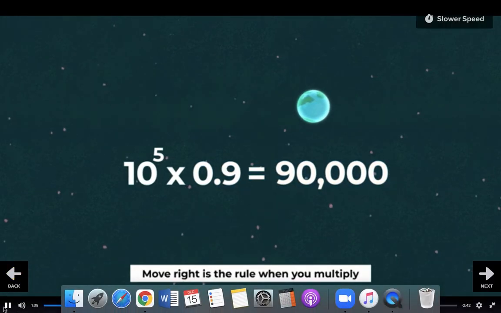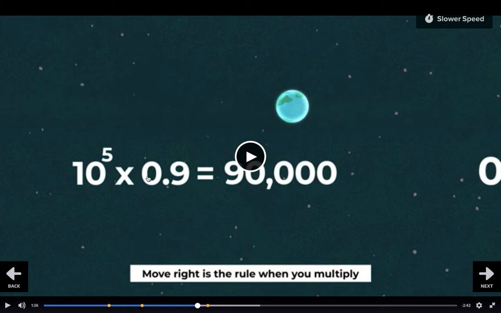All right, move. Now, the way that works is we're starting with 10 to the 5th power times 9/10. I'm starting with times a decimal. I can add a bunch of zeros after any number in my decimal point, and it doesn't change the value. 90 hundredths is the same as 900 thousandths. I can just add zeros here.